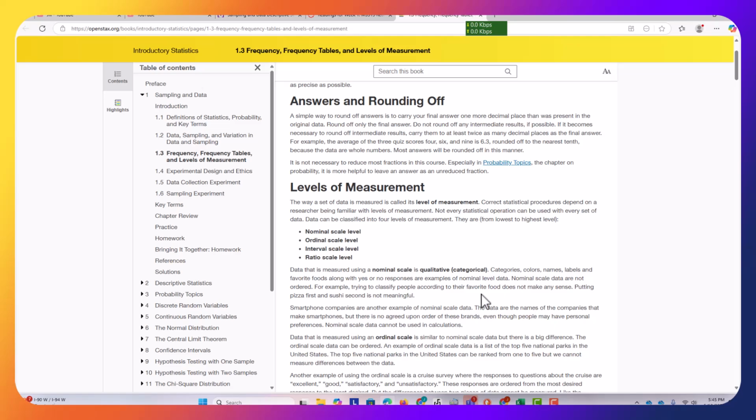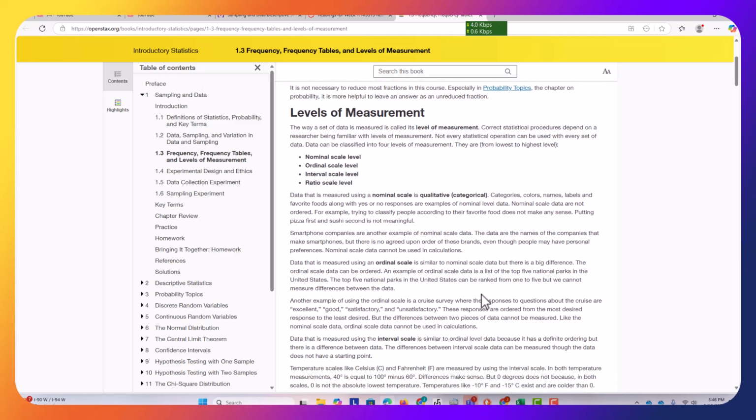So something like a scale of 1 to 10 of pain, or excellent, good, satisfactory, unsatisfactory. There's a level of order there, but subtraction doesn't make sense.